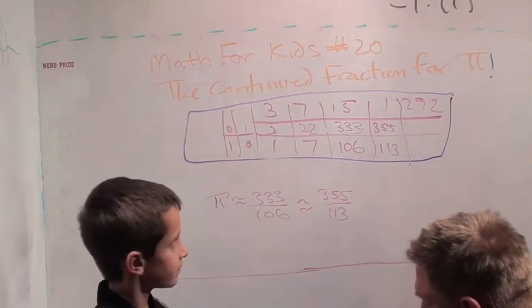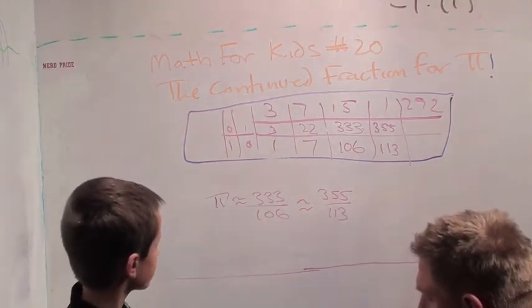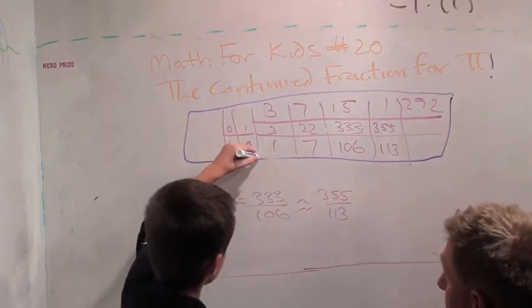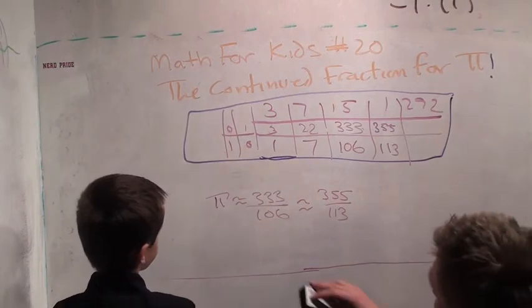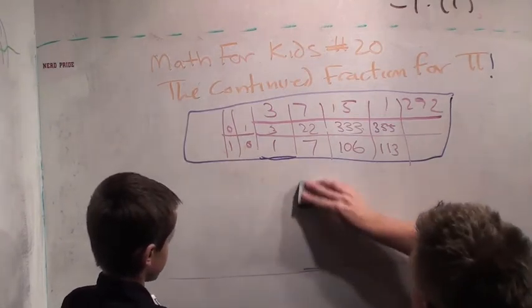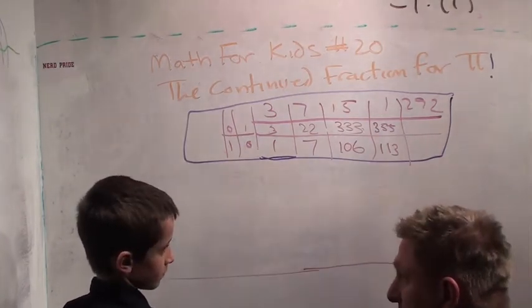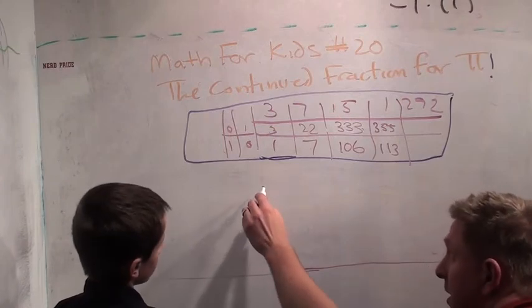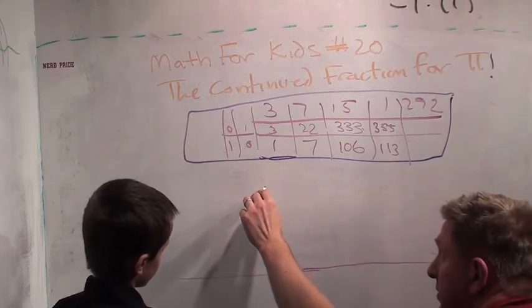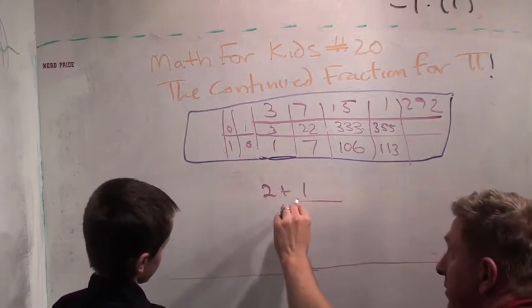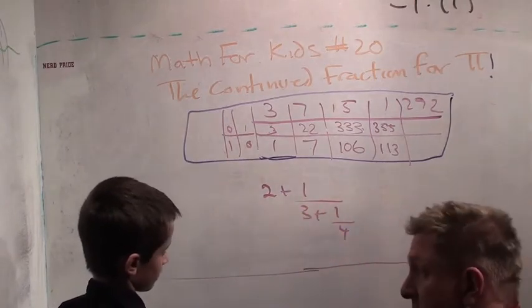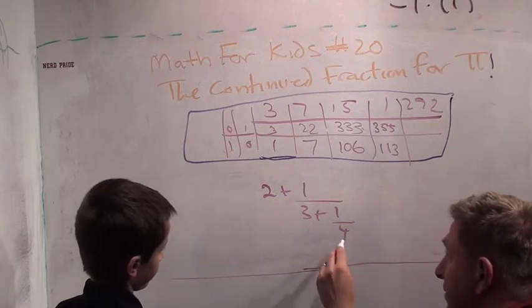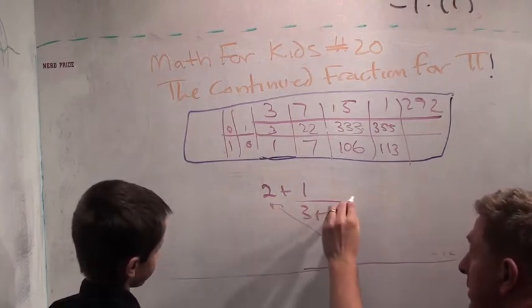Okay. So let's review what we've talked about. We have our continued fraction that we just learned for pi, which is pretty neat. We learned how to do simple continued fractions like 2 plus 1 over 3 plus 1 over 4. We learned how to evaluate that, from the bottom up.